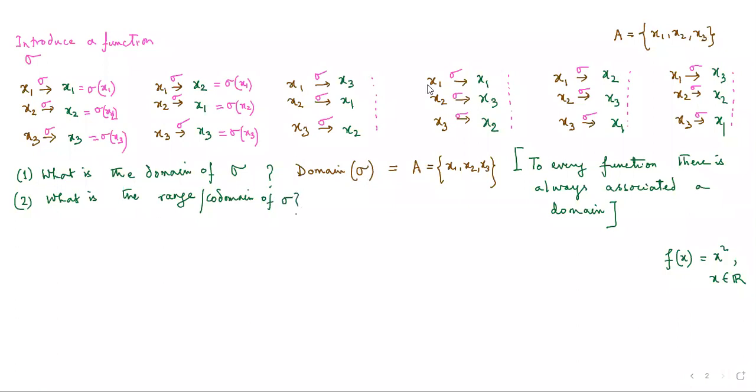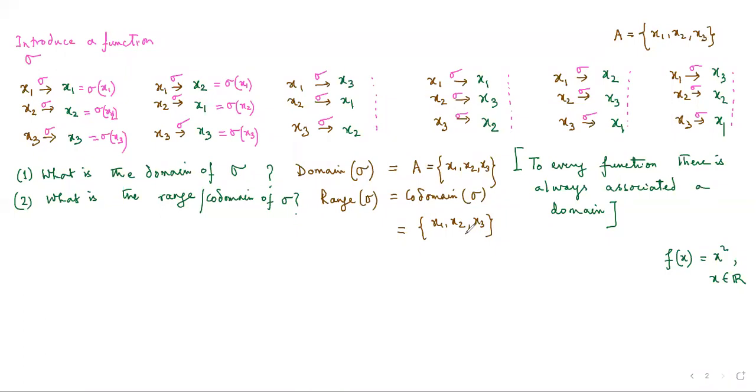If you carefully look at it, you will find that the range or codomain of sigma here is also x1, x2, x3, but their positions are being changed. Sometimes x2 can sit over here, x1 can sit over there. Sometimes you can interchange the positions of x3 and x2, but also you know that in a set we are not bothered about the position.